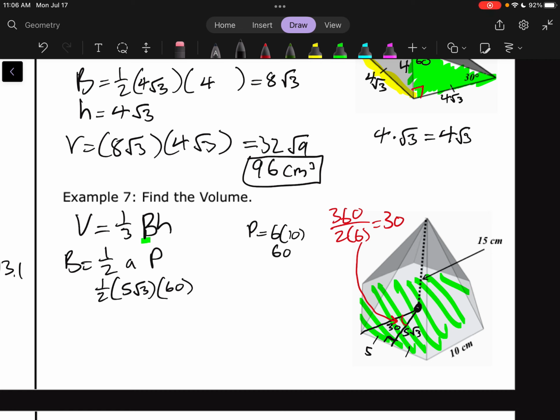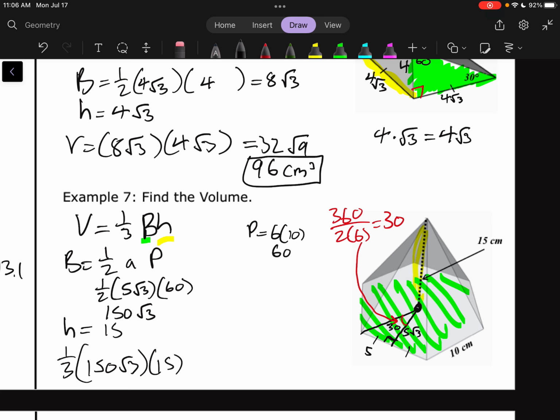So 1/2 times 5 root 3 times 60 would be 150 root 3. Our height, of course, is this 15 that they gave us. So we're going to do 1/3 times 150 root 3 times 15.